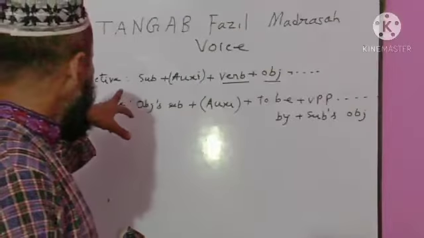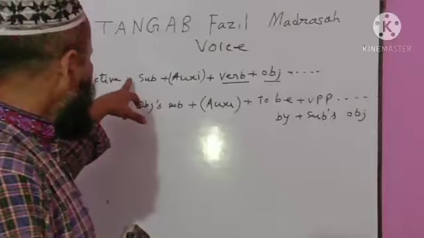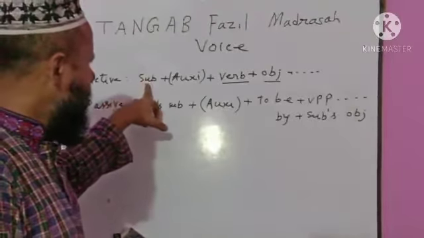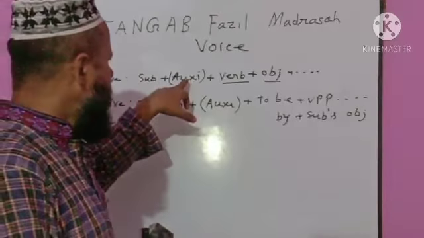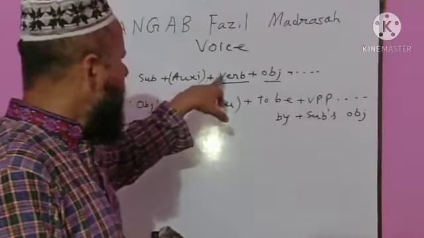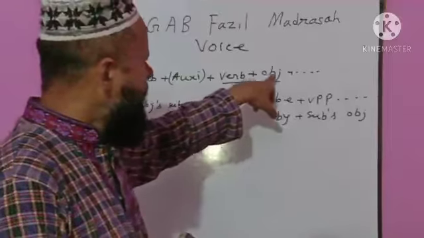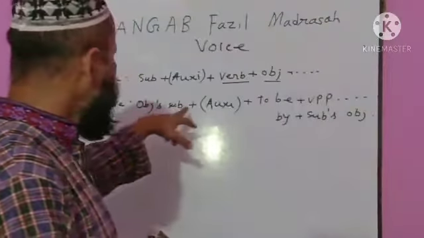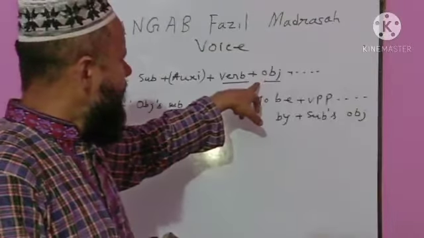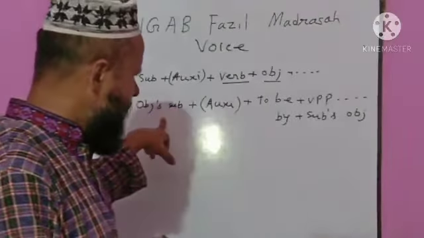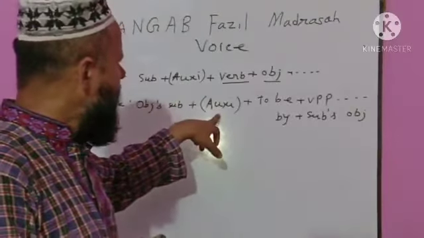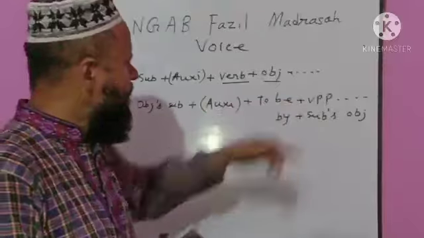Then from active to passive. In active voice there is subject, auxiliary verb, main verb, and the object. And in passive voice, the object will be subject. Then the given auxiliary verb, then to be plus verb past participle.